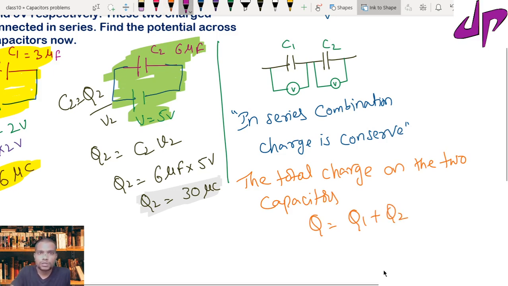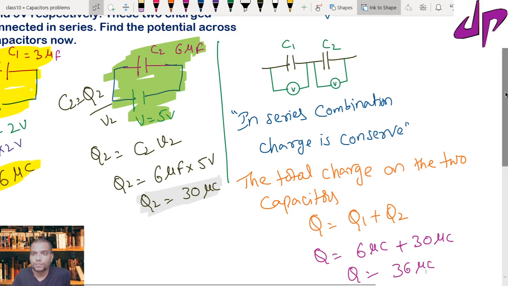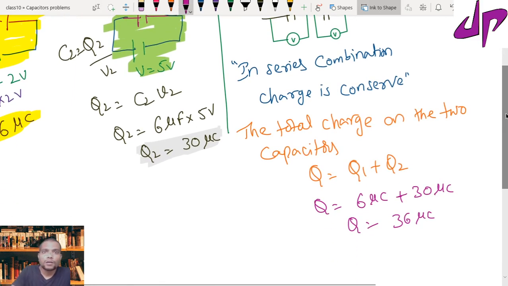So the total charge Q equal to 6 microcoulomb plus 30 microcoulomb, the total charge equal to 36 microcoulomb.